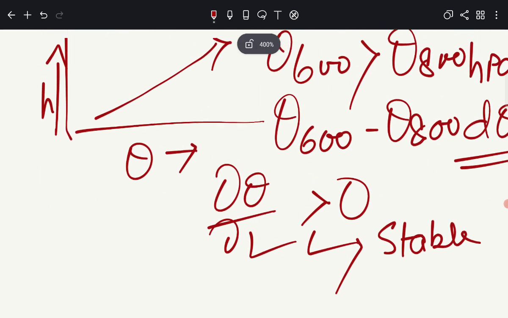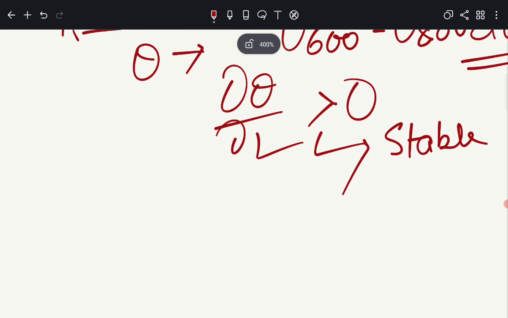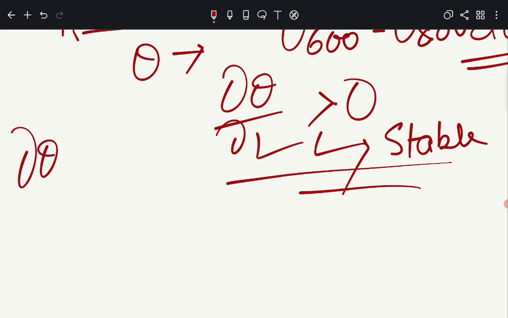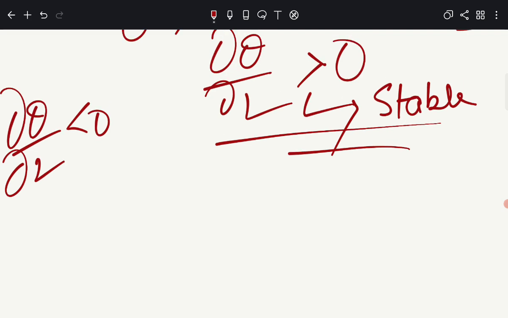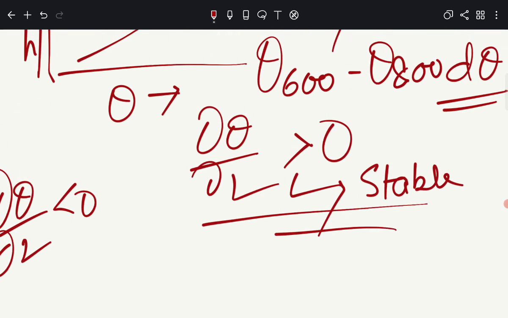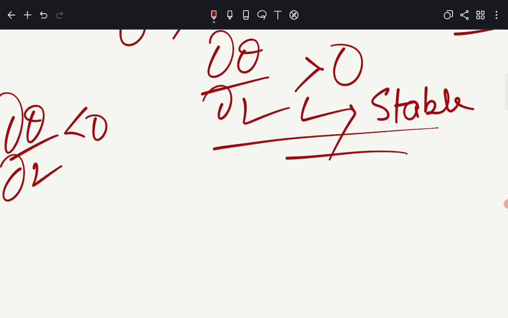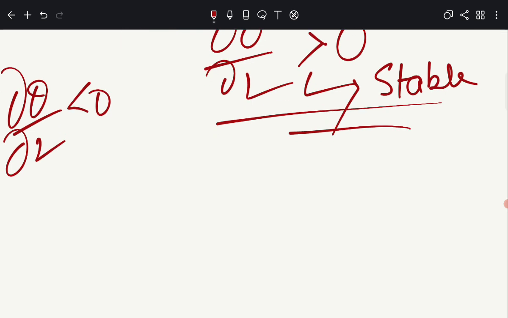So in an unstable atmosphere, what will happen? If this is the condition for stable, you can think of unstable in another way. First of all, why is it stable?